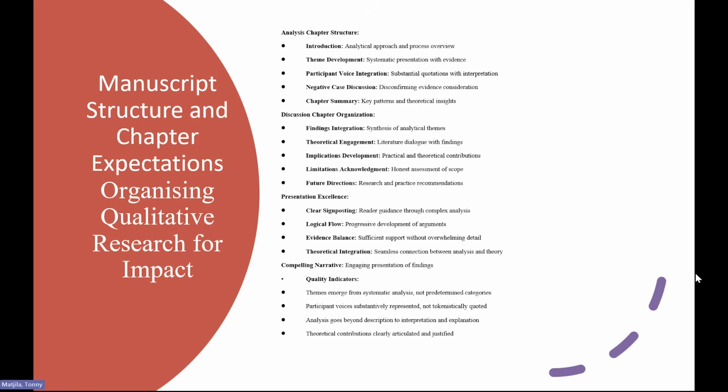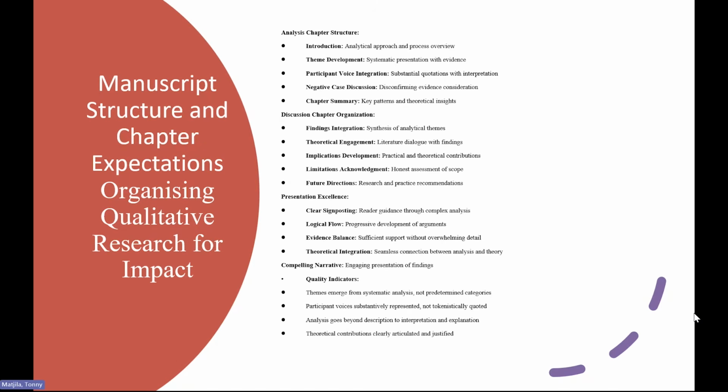Then after that, then what? So implications. We need to see how these things are relating to the objectives and the research questions and so on. So the discussion chapter must engage theoretically with existing literature, to show that your findings extend, challenge, or confirm current knowledge, and developing implications clearly for practice and theory is important.